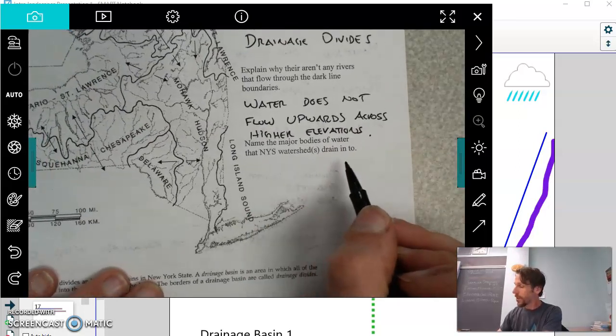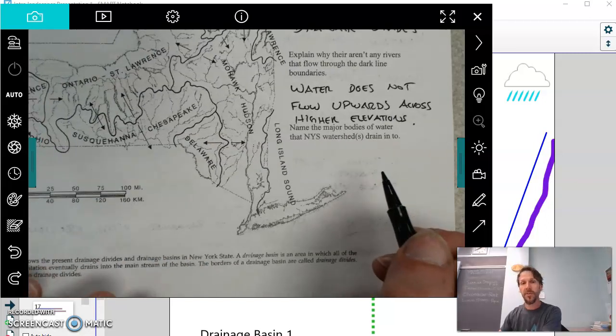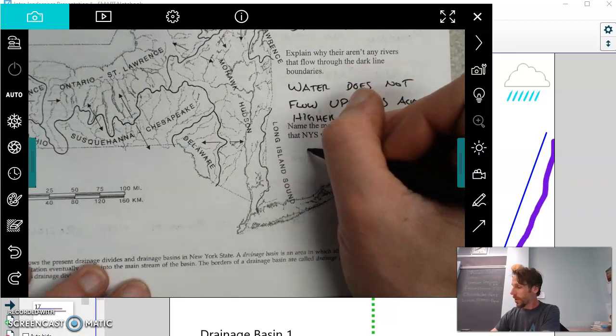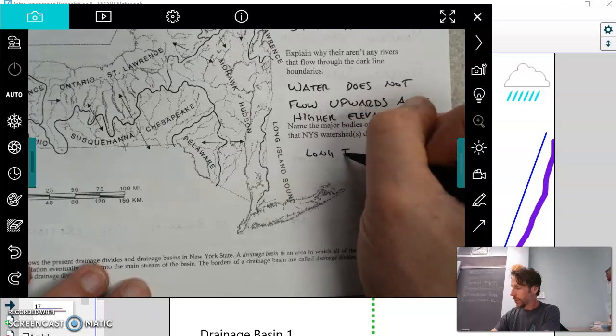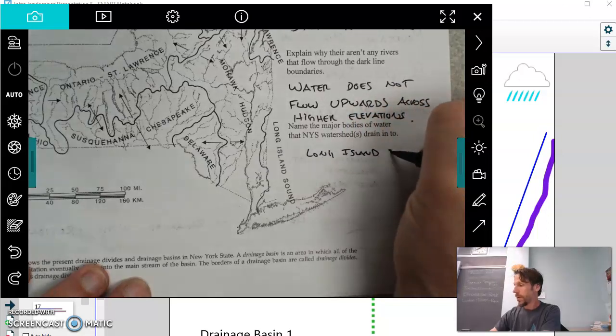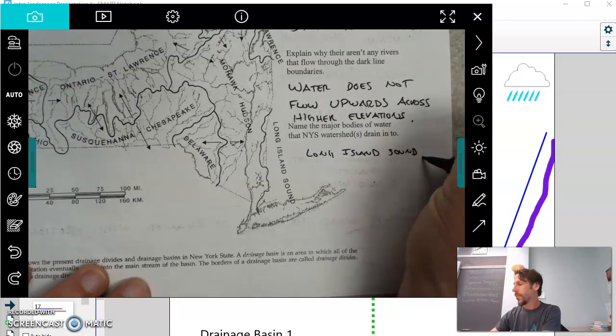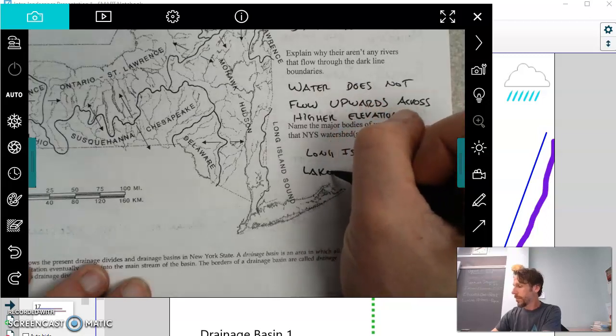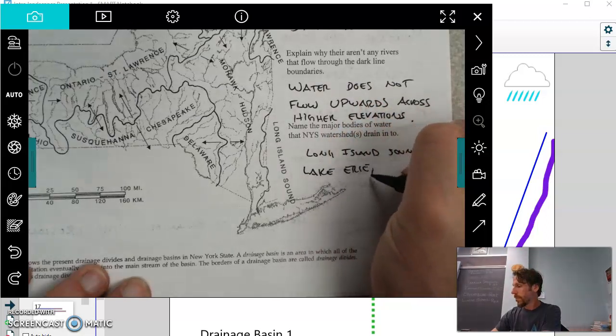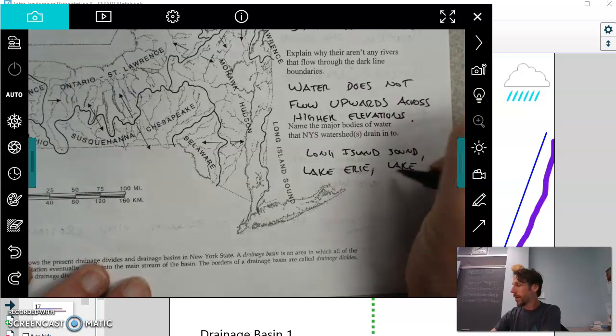Name the major bodies of water New York State watersheds drain into. We have a few here. The Long Island Sound is listed here for you. But, I mean, you guys know more than that. Lake Erie, Lake Ontario.